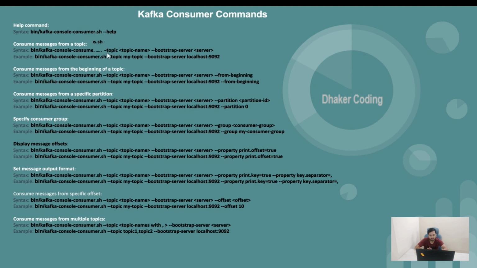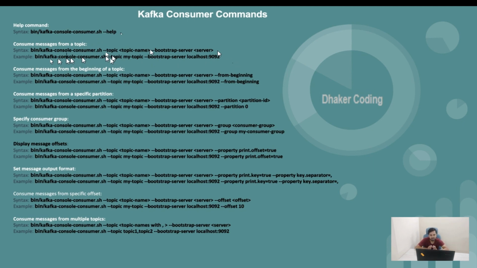You can give the topic name and the broker I want to read from. In the example you can see the console consumer is reading from my topic, which is available on the broker localhost:9092.